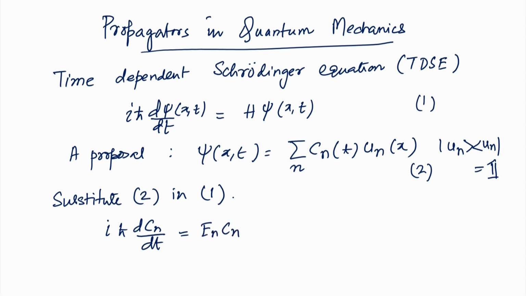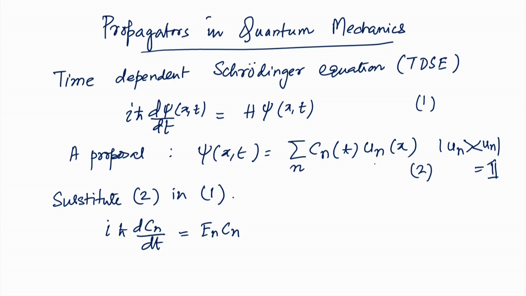Here you should also note one point in equation 2, that the time dependence of the wave function psi on the left is carried only by the amplitudes. So, these are the amplitudes which carry the information about time, while they are independent of space, and the space information is carried by the basis vectors which span the entire Hilbert space for the problem.